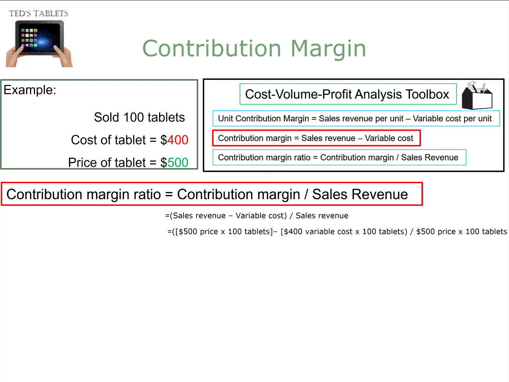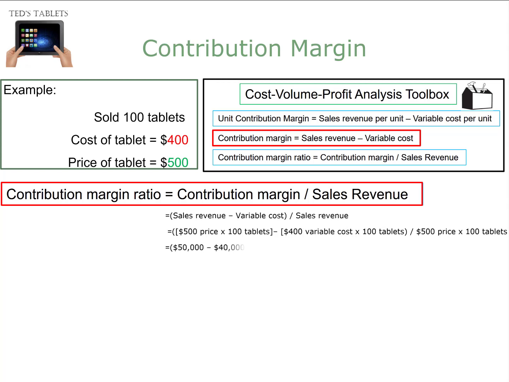Now we can plug in the numbers. Sales revenue is the $500 price times 100 tablets minus the variable cost, which is the $400 cost per tablet times 100 tablets, which is then divided by sales revenue, which we already calculated, $500 price times 100 tablets.